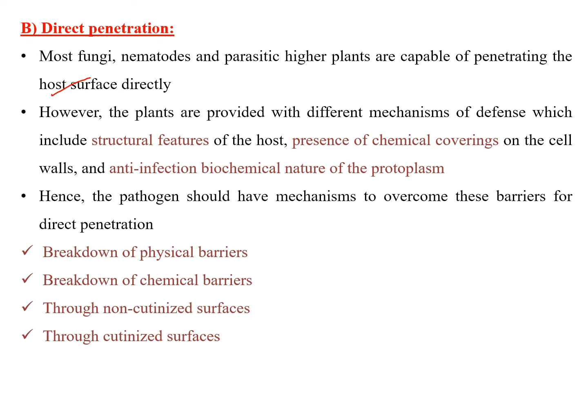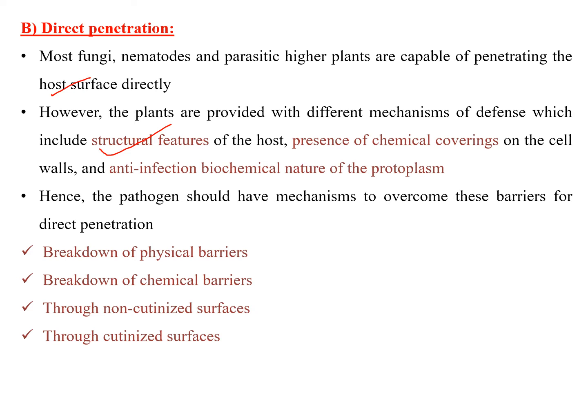And if they have to penetrate directly, they have to overcome some barriers already present on the host plants. Plants are provided with different mechanisms of defense, which include structural features of the host, chemical coverings on the cell walls, and the anti-infection biochemical nature of the protoplasm. So the pathogen coming in contact with the host plant has to overcome all these barriers and establish infection for its successful multiplication and to proceed to further generations.